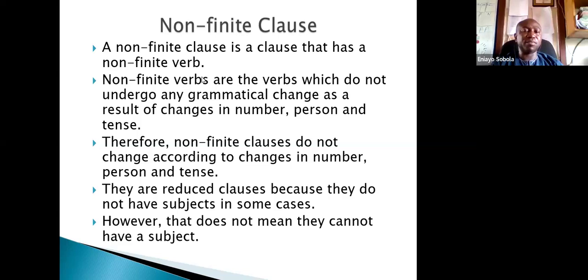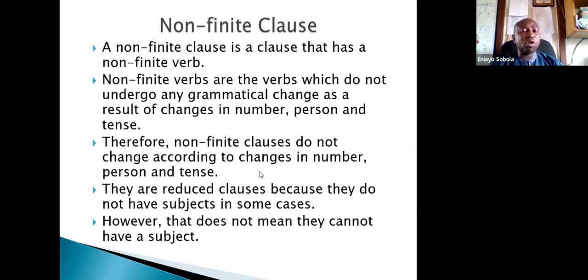Non-finite verbs are verbs that do not undergo any grammatical change as a result of changes in number, person, and tense. Change the tense, change the number, they remain the same. Therefore, non-finite clauses do not change according to changes in number, person, and tense.